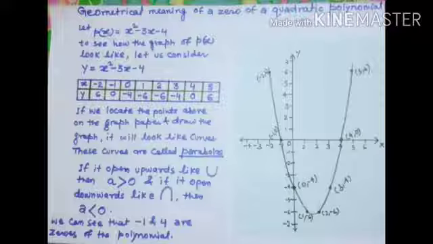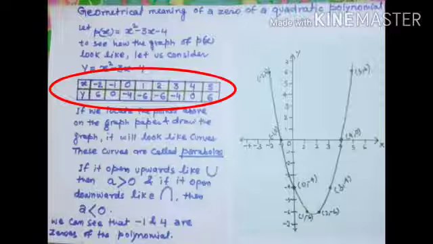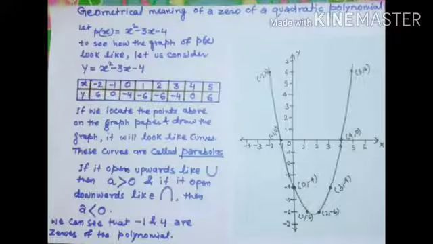To see how the graph of this polynomial looks like, let us consider y as x square minus 3x minus 4, and we put the respective values of x and we get the value of y, as you can see on the screen. Now if we locate these points on the graph paper and draw the graph, it will look like curves, and these curves are called parabolas.